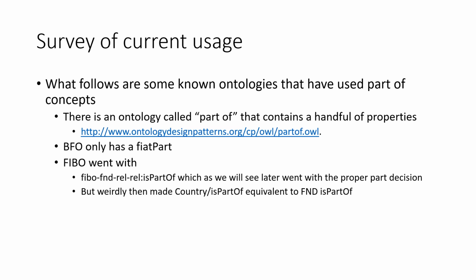And then they declared it to be equivalent, which seemed odd. In fact, I should go study that. If there are any domains and ranges on something as part of a country, then all of a sudden we're going to find that cars are countries and all that kind of crazy stuff. But that was about as far as I went with that.